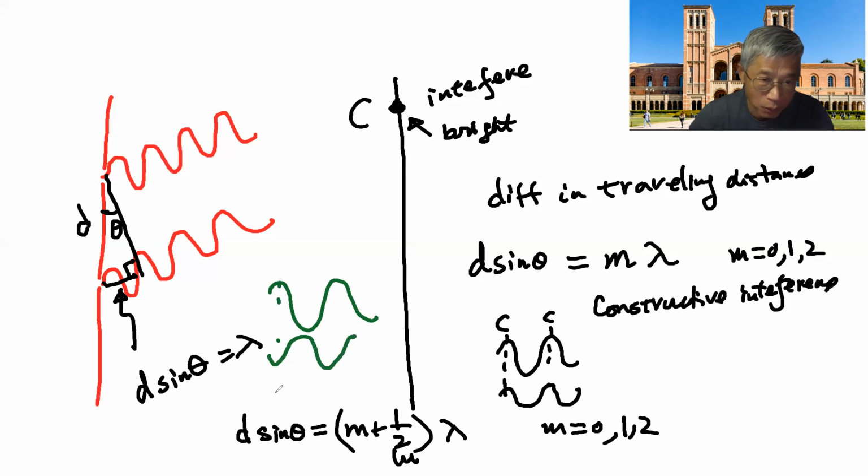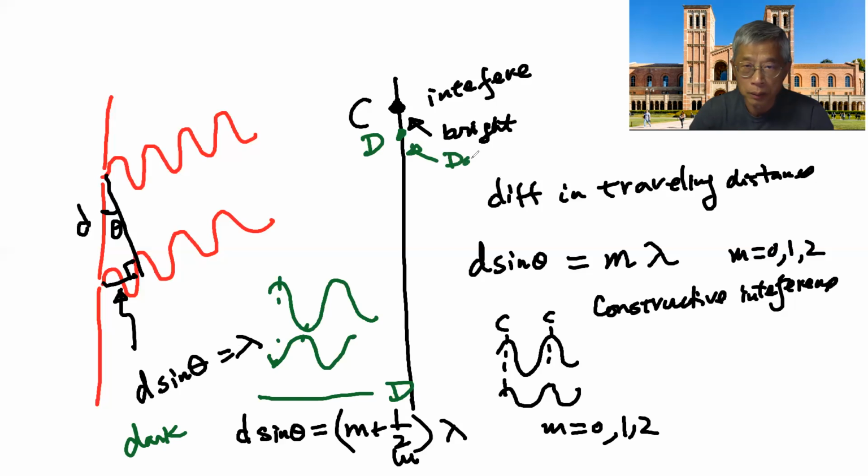So then they will cancel out. So this will be destructive. Peak cancels out valley, and valley cancels out peak. So they become destructive, and then this will be dark. So somewhere else, maybe there, this is going to be destructive, and that will be dark. Okay, so you're going to see the pattern.